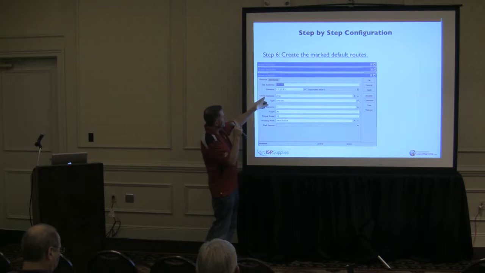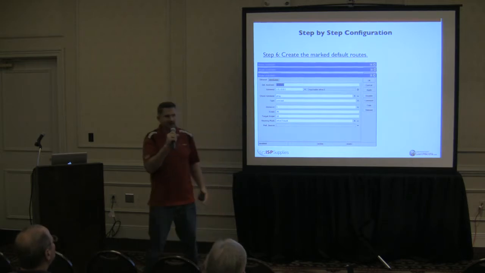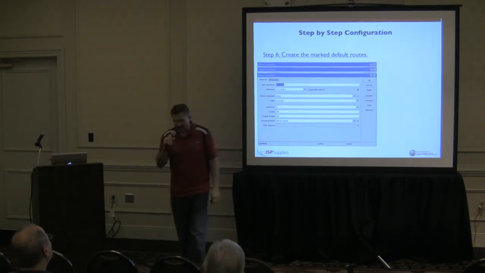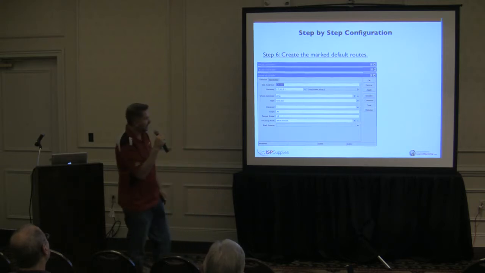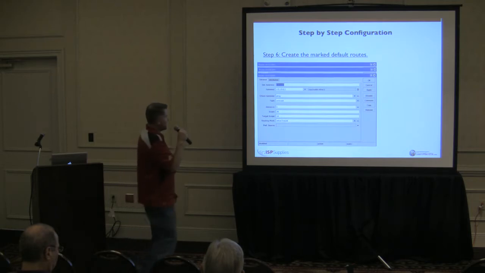Now, you'll also notice that we've added one more little feature here, the check gateway feature. What the check gateway feature does is ping the gateway address and determine if it's alive. And if the gateway address is not alive and doesn't return the ping, it marks the route as disabled.